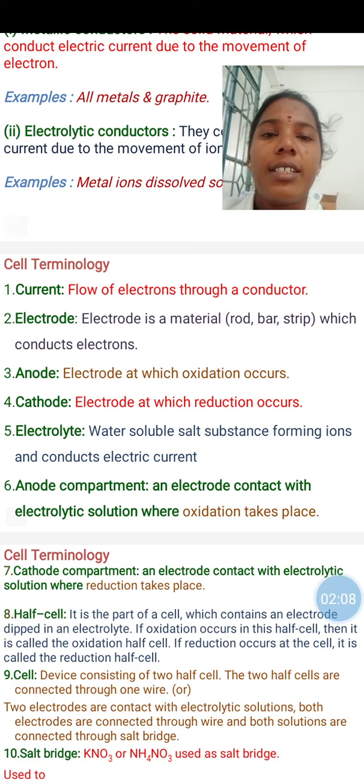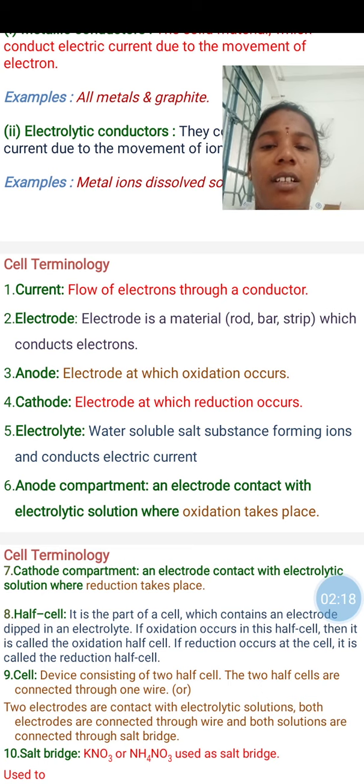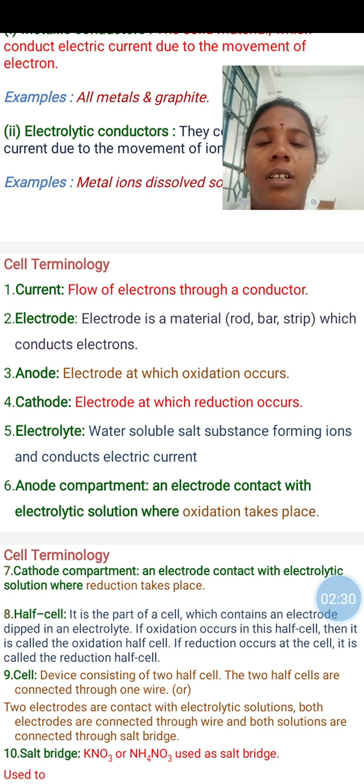Then cell terminology. Current or electricity is the flow of electrons through a conductor. An electrode is a rod-shaped material, bar or strip. The material which conducts electrons is known as an electrode. There are two types of electrodes, anode and cathode. The anode is the electrode at which oxidation reaction occurs.